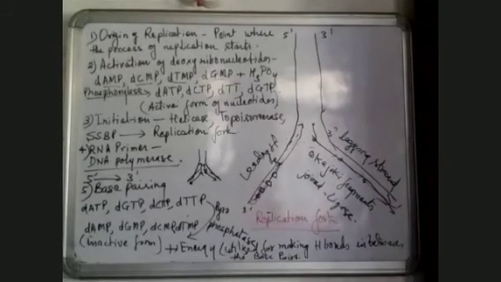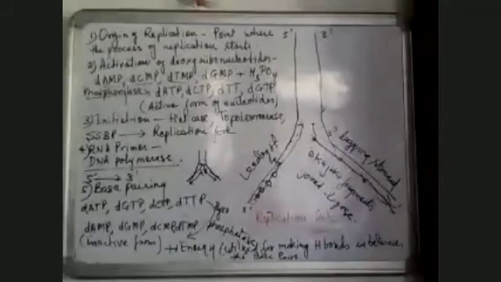So various fragments are formed which are known as Okazaki fragments, because as the DNA strands open up, a new primer is added, and then it moves towards 5' to 3'. This primer will go from 5' to 3' only. It cannot come back. So every time a new primer is added, it will move towards the outer side and a small stretch will be formed.